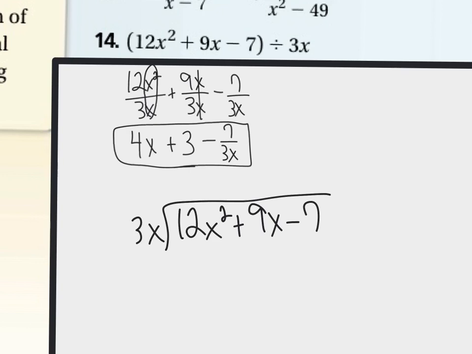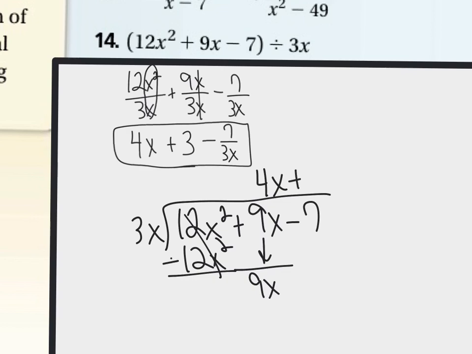So you could say 3x times what to get 12x squared, and that would be 4x. That would give me 12x squared, and then remember we subtract, then those cancel, and then we bring down the next term, so 9x. 3x times what to get 9x, that would be 3. So that's 9x, subtract, and those cancel.